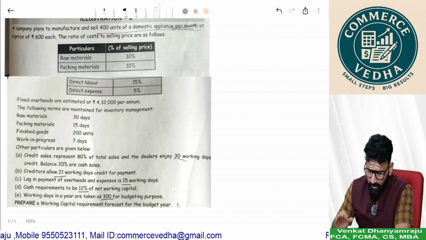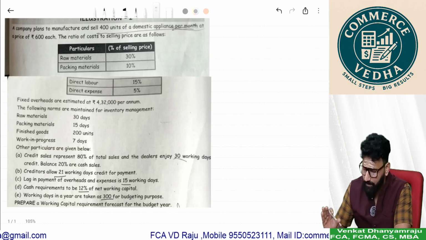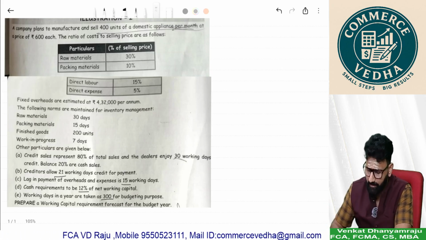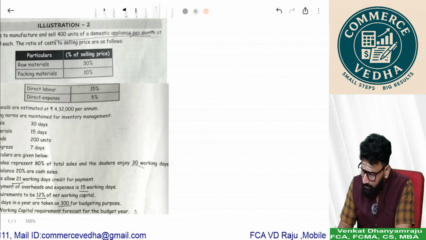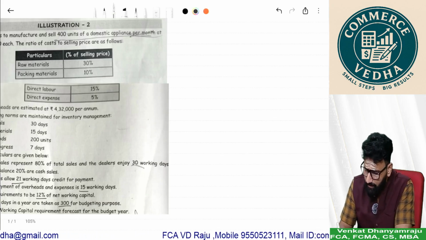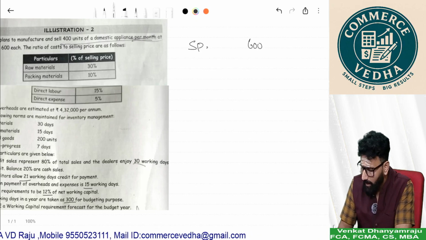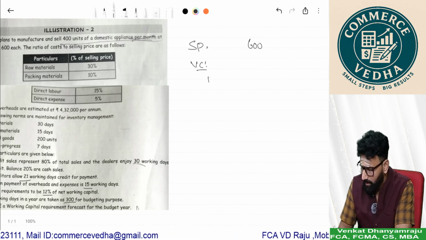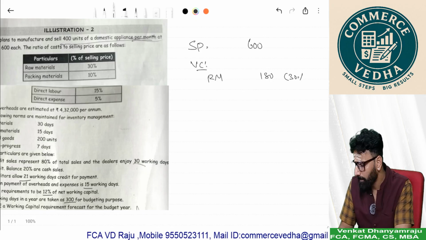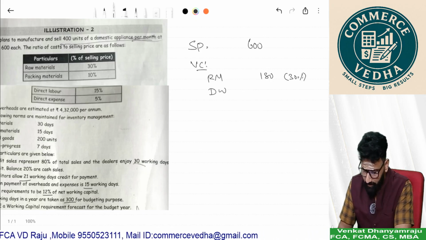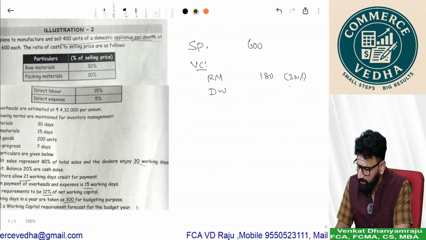In this question it says a company plans to manufacture and sell 400 units of domestic appliance per month at a price of 600. The costs are given as follows. See the costs: you are given selling price 600 and your variable costs are raw material 30%, which means 180. Direct wages is given as 15%, which is 90.